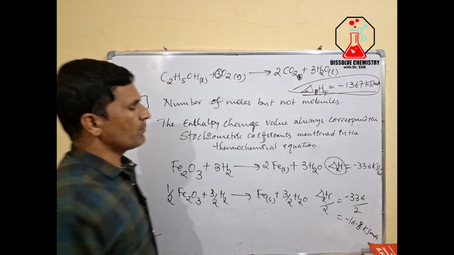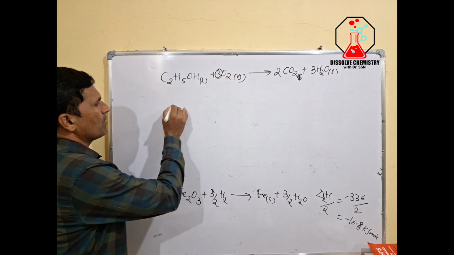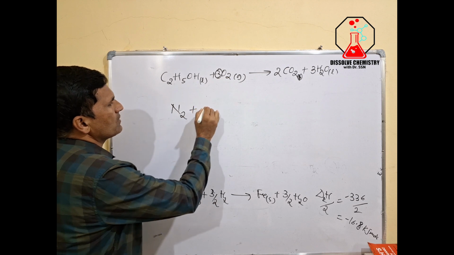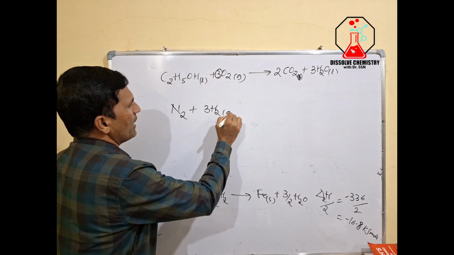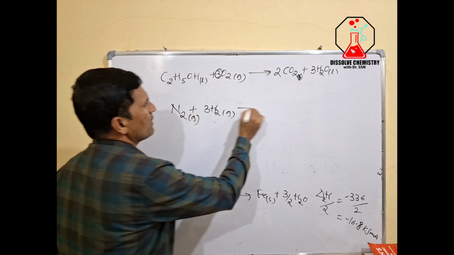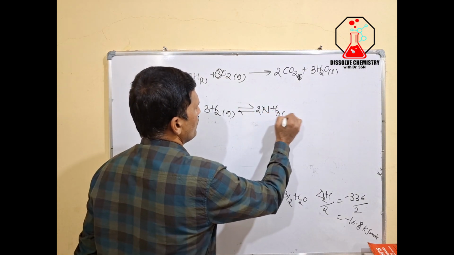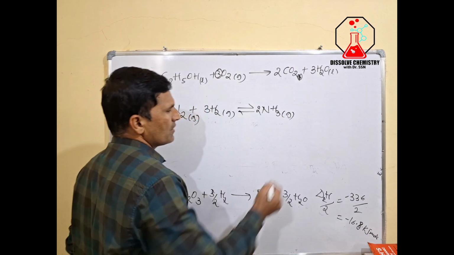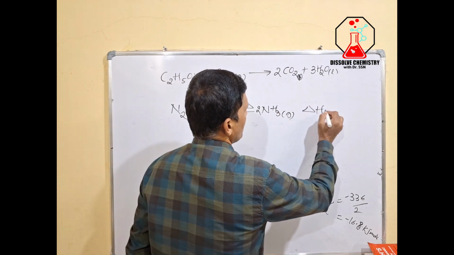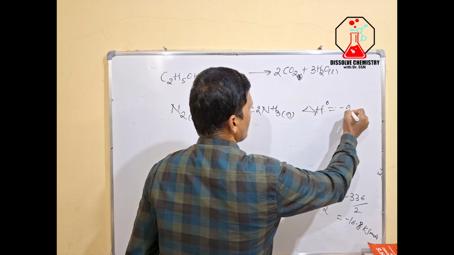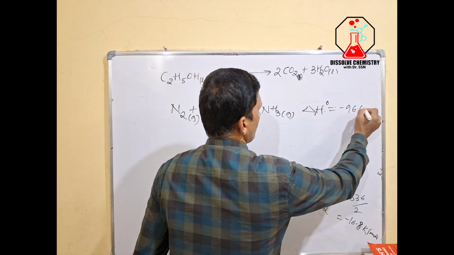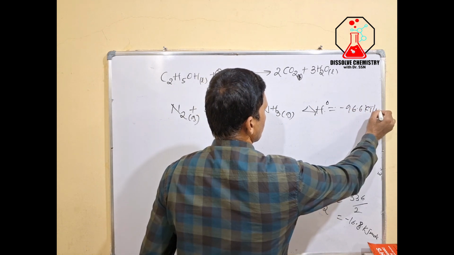And the third important point: say for example you consider N2 plus 3H2 gas combining reversibly to give 2 moles of ammonia gas. The enthalpy change for this is minus 96.6 kilojoules per mole.